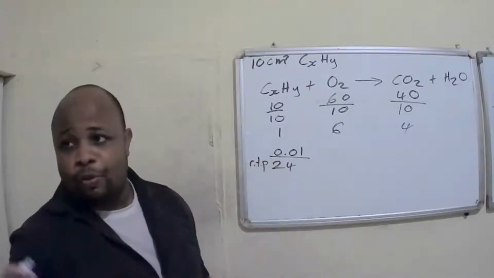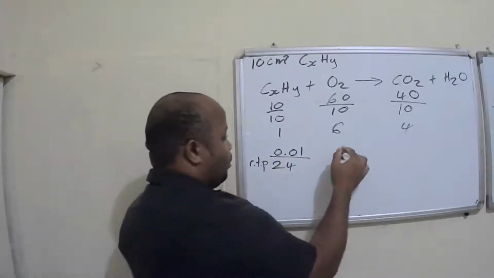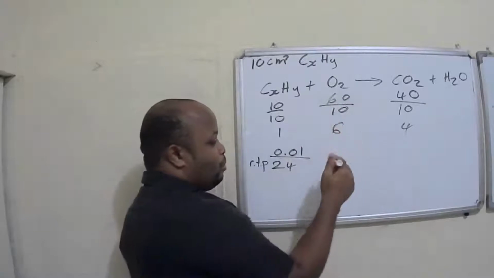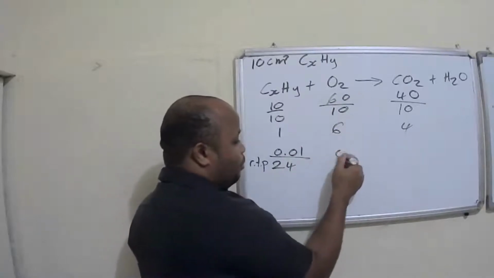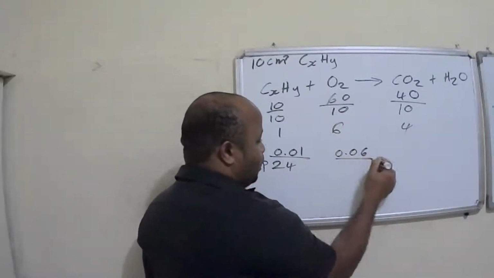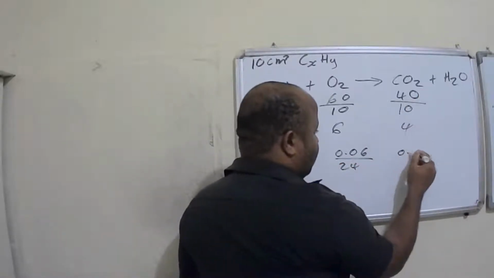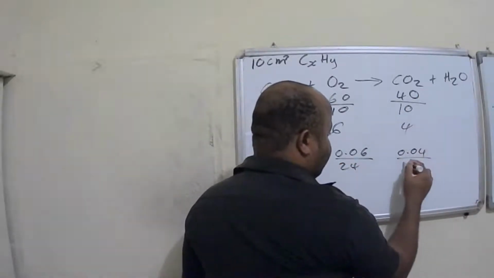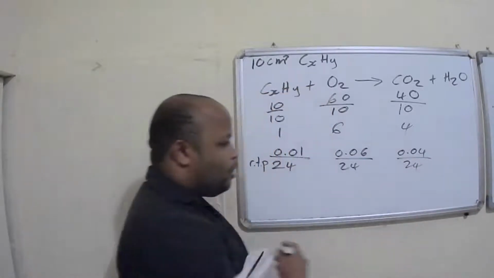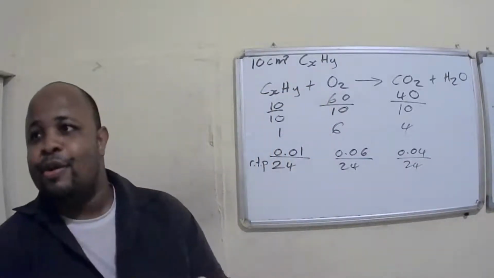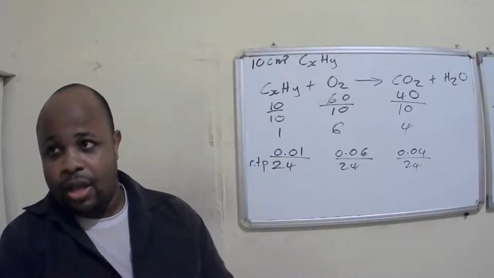So everything is going to be 24. 60 cm cube is 0.06 dm cube. Alright? 40 is 0.04.